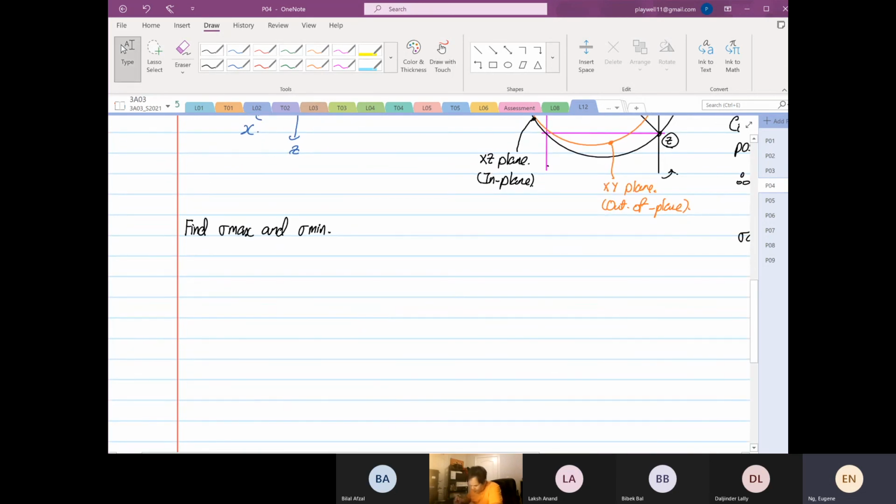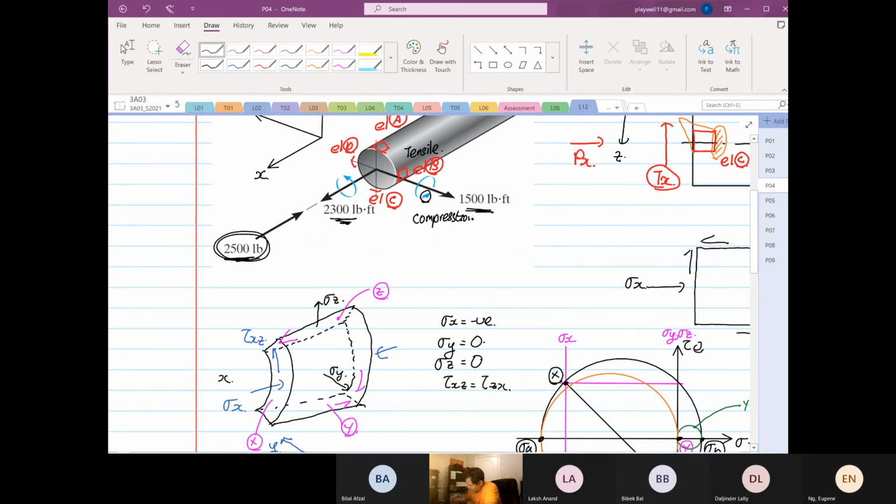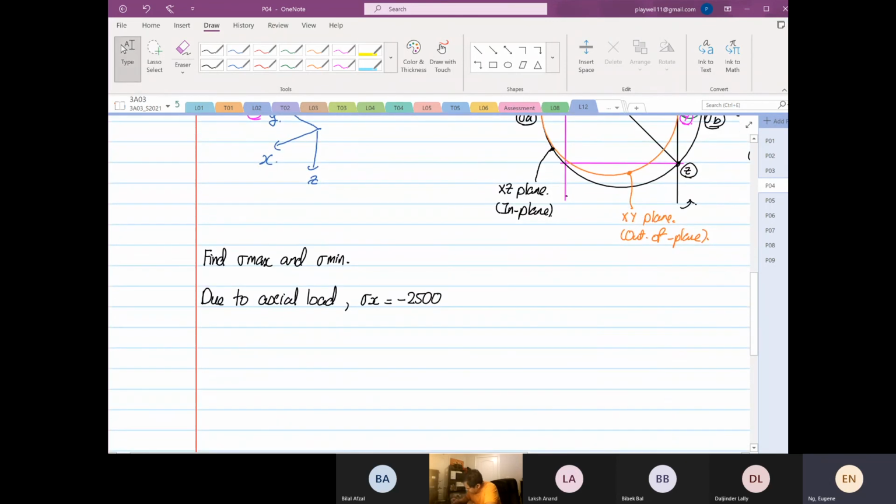So we're going to find, due to axial load, that stress X is equal to minus 2,500, the normal stress over here, divided by the cross-sectional area, pi C squared, where C is the radius of the shaft.